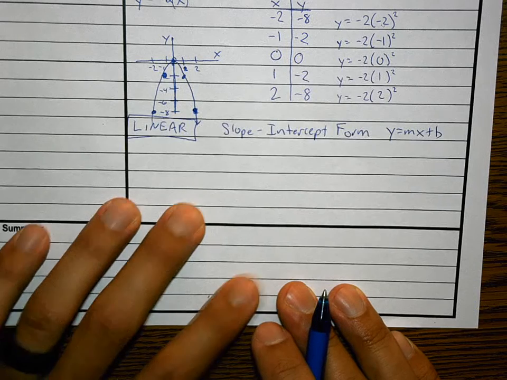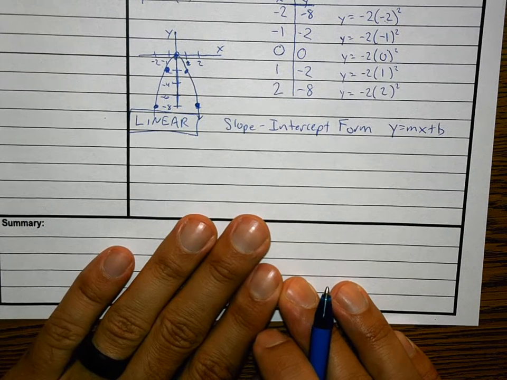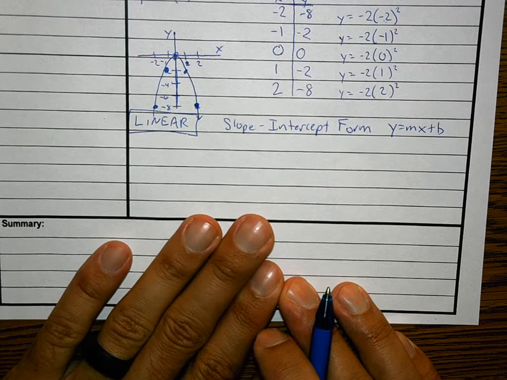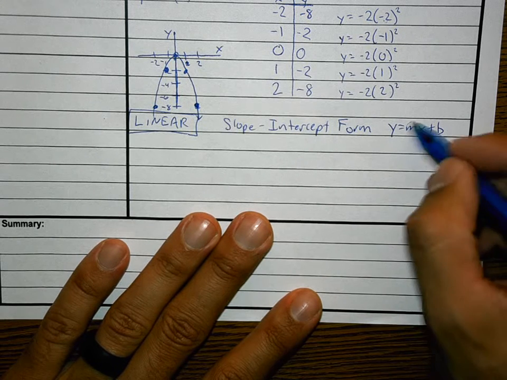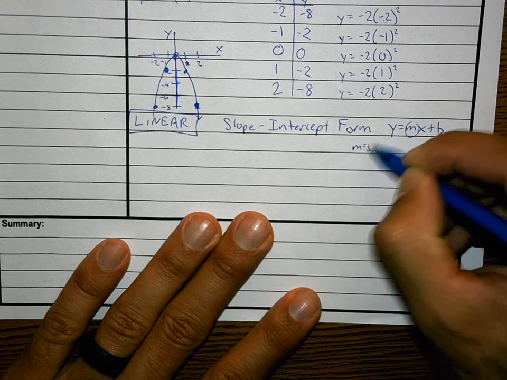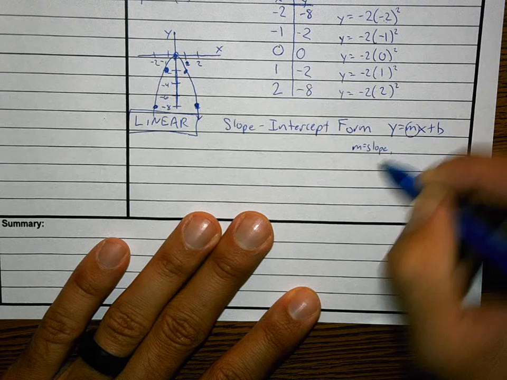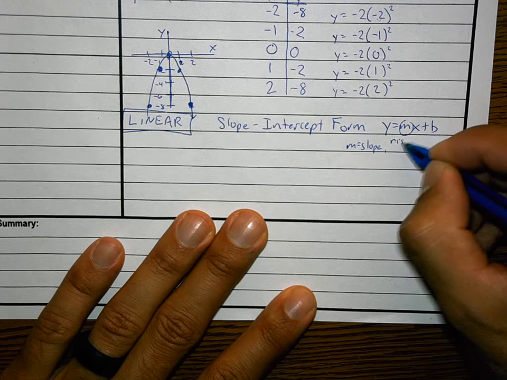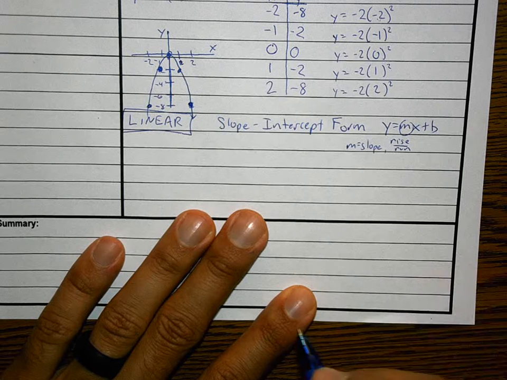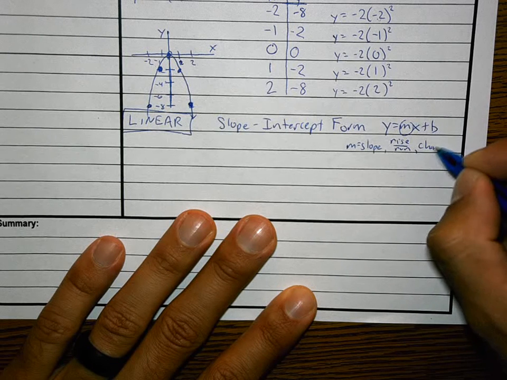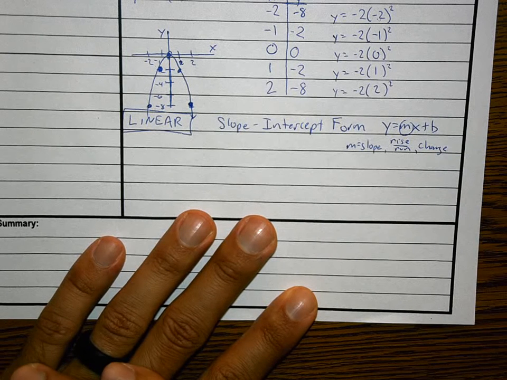You've done it before. You've seen it. Each letter represents something as a part of your graph. The M stands for your slope. It's your rise over run. It's your change of your graph.